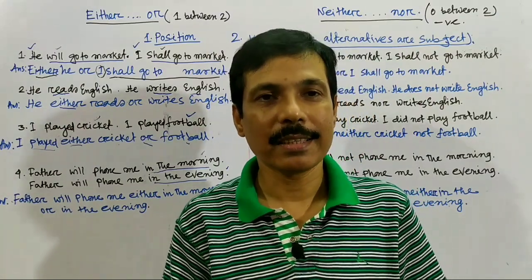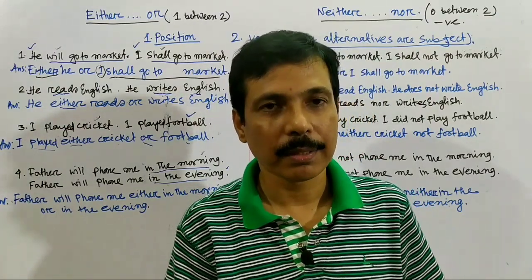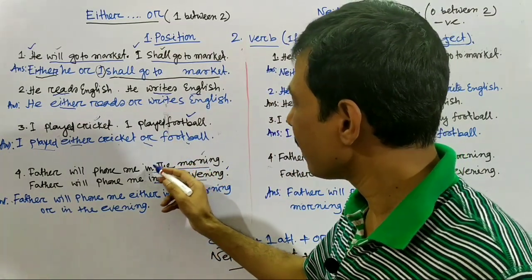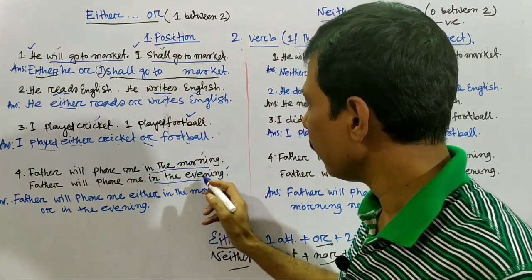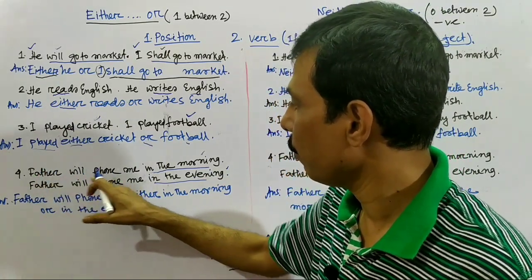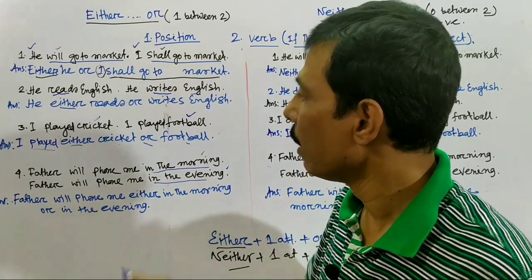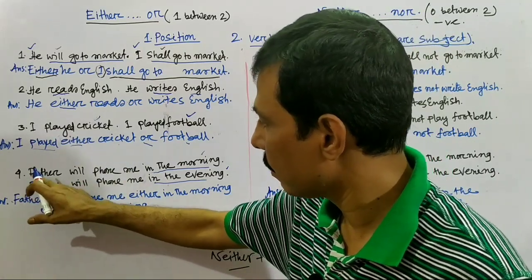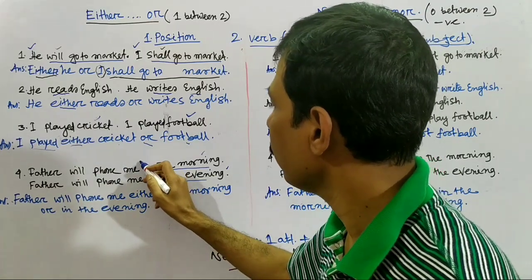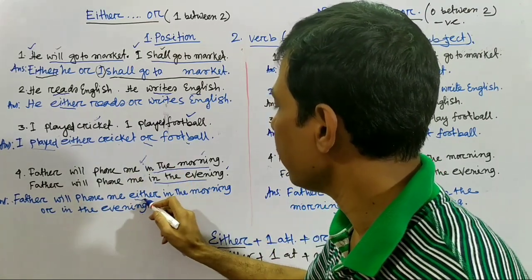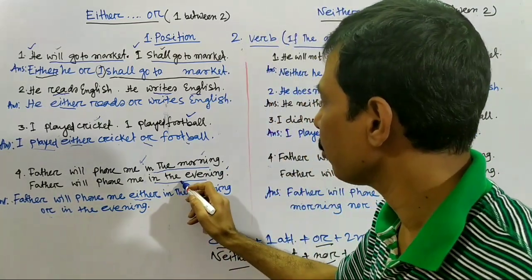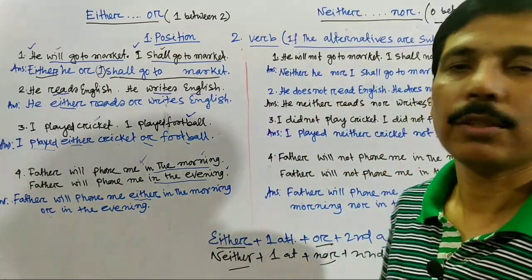But actually they are separable, your phone and you are inseparable. So here also, in the is connected with the morning, and in the is connected with the evening. So this portion is the same: father will phone me. So I write first, as it is in the first position, father will phone me. Here is the option, your option starts from here. So I write either in the morning, and next or, and the second option is here, in the evening. So it is the rule.